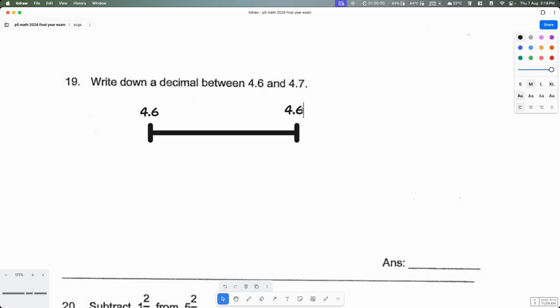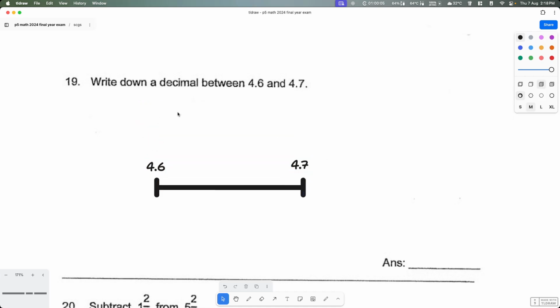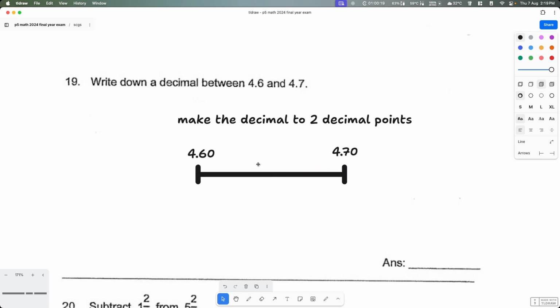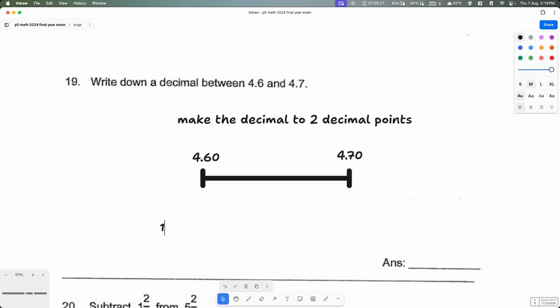What do you think the answer is? Would it be easier if we make the decimals to 2 decimal places? So this will be 4.60 and 4.70.